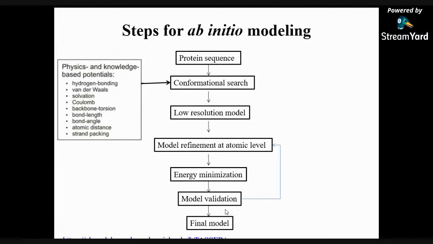The algorithms of ab initio modeling, available as web tools and as software, don't need a template. They can model the protein using physics and knowledge-based potentials, meaning the physicochemical properties, hydrogen bonding, and the chemical properties.